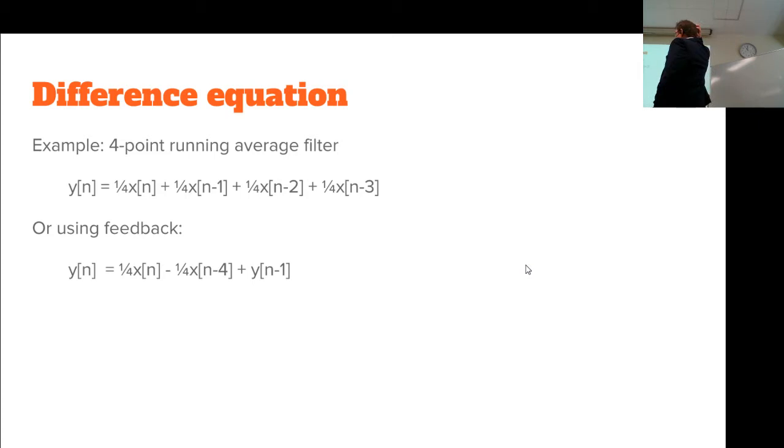Okay, so one example is how to run a 4-point running average filter, meaning that you have discrete time data coming in, and you want to do some simple filtering to get rid of the noise.